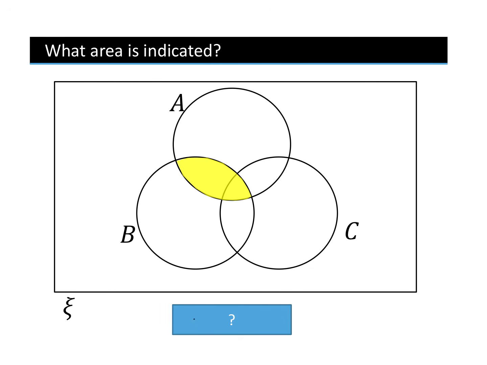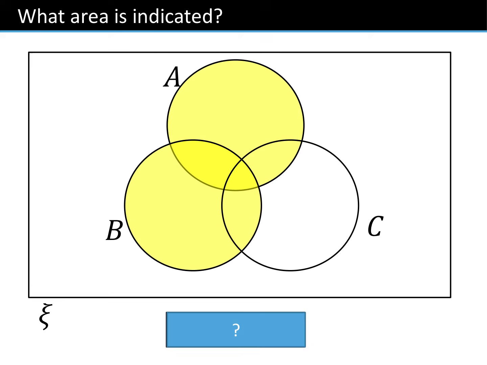So this is A intersection B. It doesn't matter about C, because if you think of just A and B on its own, this is where they intersect. We don't have to think about the C here. Think about A and B as two whole things. They intersect there. So this is A intersection B.